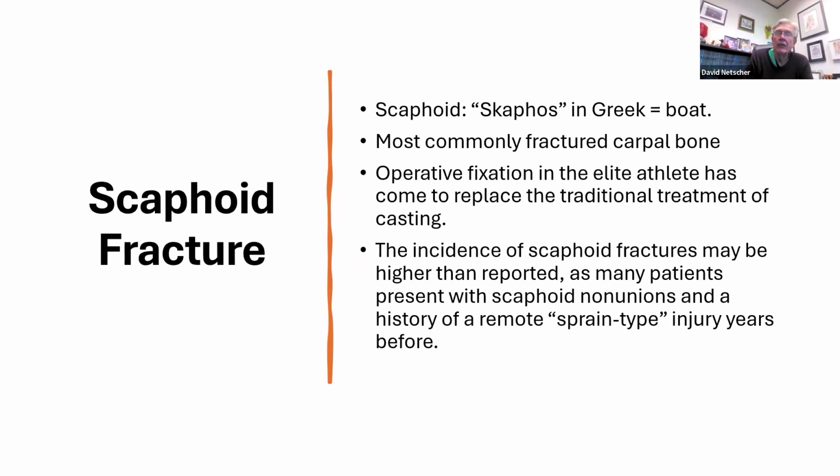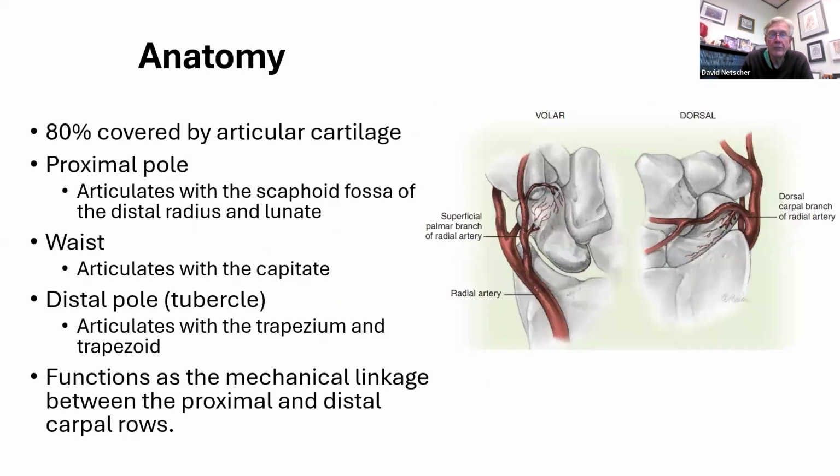But in spite of our vigilance, we probably miss a number of these patients with scaphoid fractures, and they simply shrug it off as a sprained wrist because many present later with non-unions, when in fact it's a little bit too late and you have a much more complicated scenario.